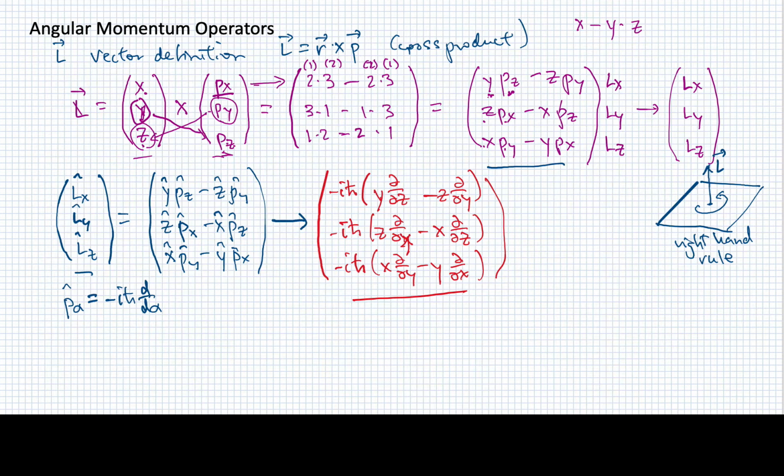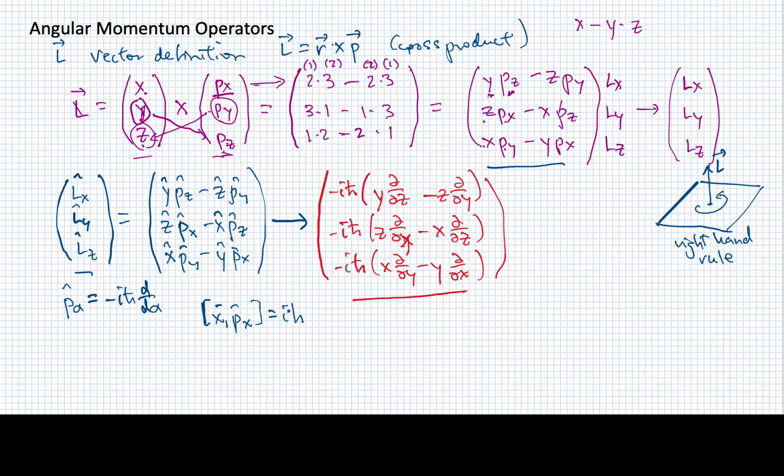All right, now I'll finally note that we can develop all sorts of interesting relations between these angular momentum operators if we take into account the fact that in any given coordinate, for example, x and px do not commute.